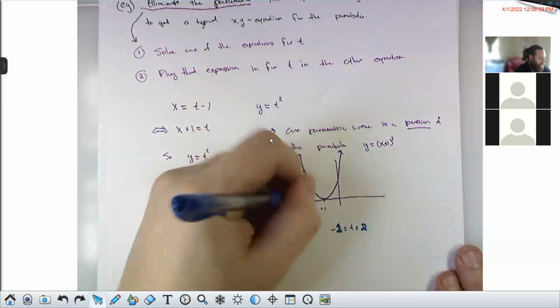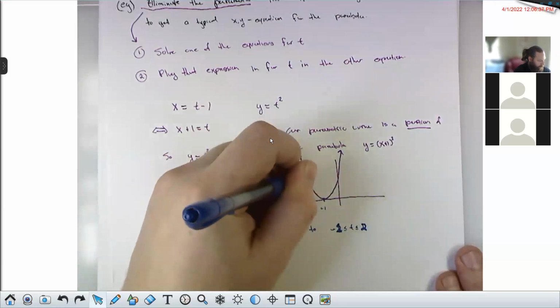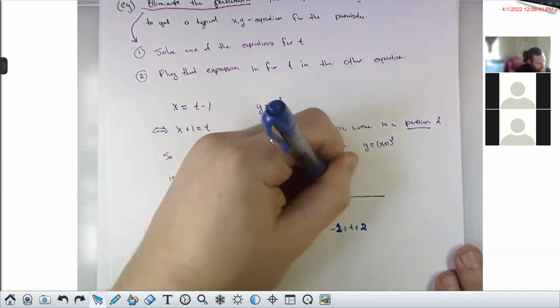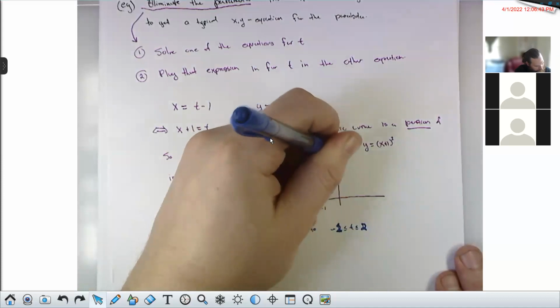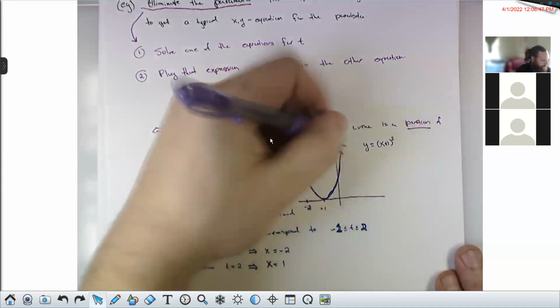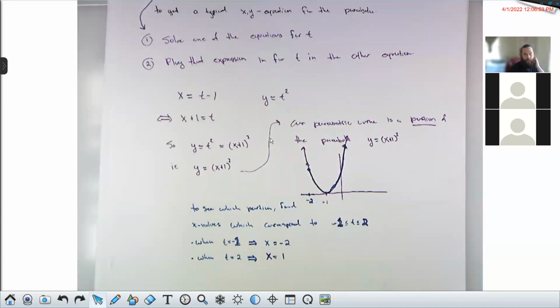So that tells me that my x values are going to run from negative 2 over to positive 1, right? Something like this. So that's the portion of this parabola that my parametric curves represent.